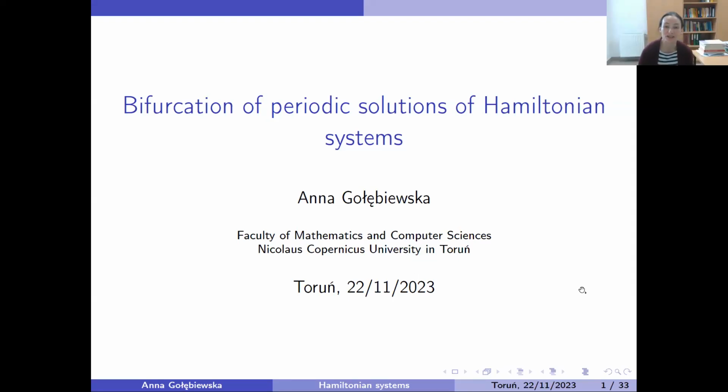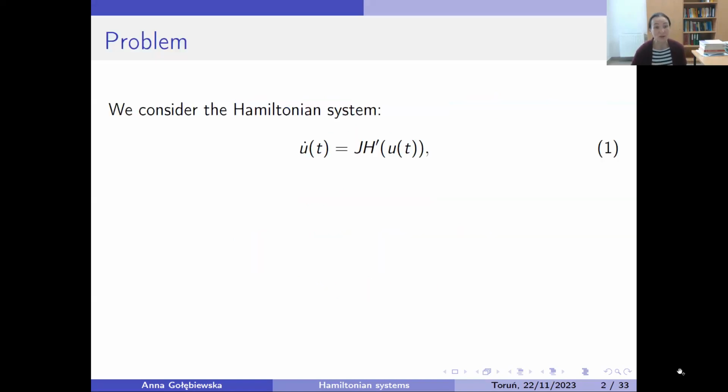Special type of differential equations, which are Hamiltonian systems. So let me start with introducing the problem. We consider the Hamiltonian system, which is the differential equation of the following form.